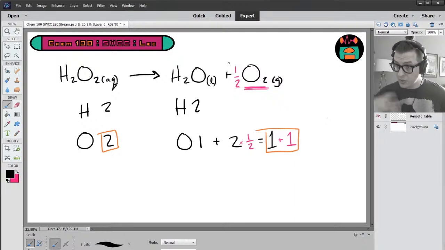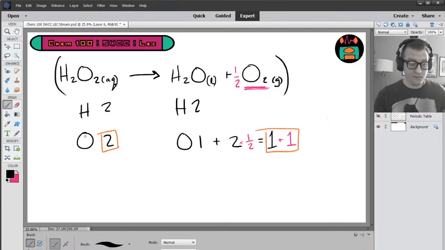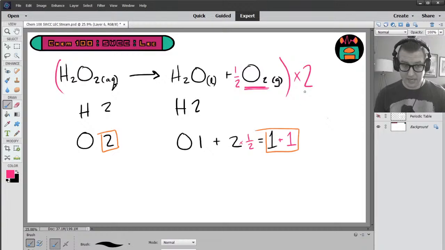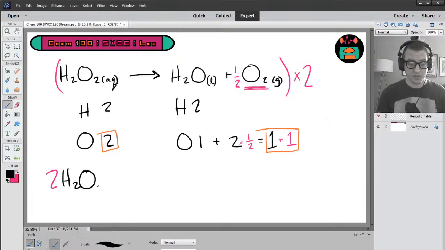So after including the fraction to help you balance, you have to get rid of it. And the way you get rid of a fraction is you multiply everything in your balanced chemical equation by the denominator. All right? We're going to multiply everything by whatever that denominator of that fraction is. So 2 times H2O2, that'll give us 2 molecules of H2O2.